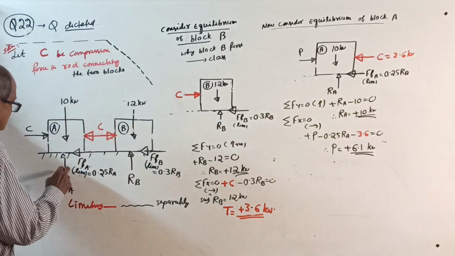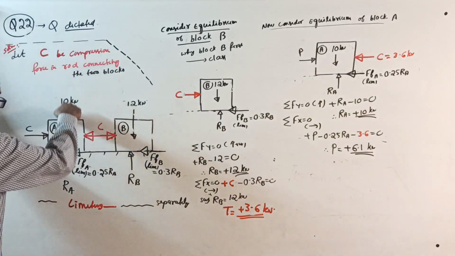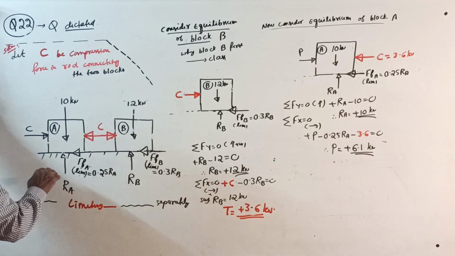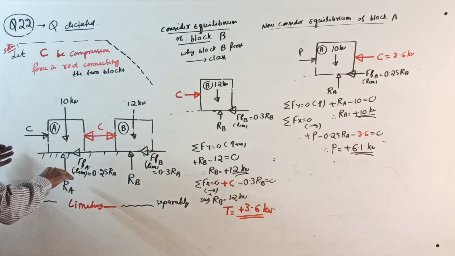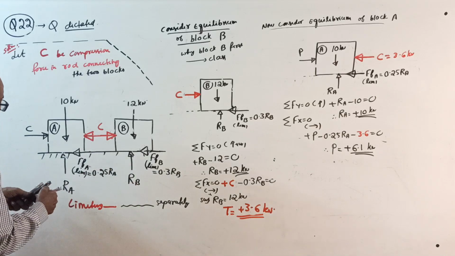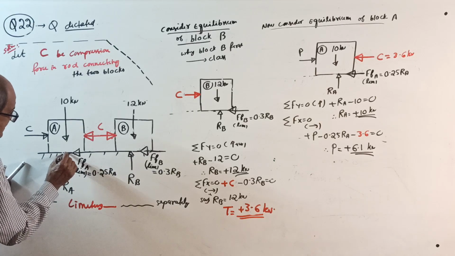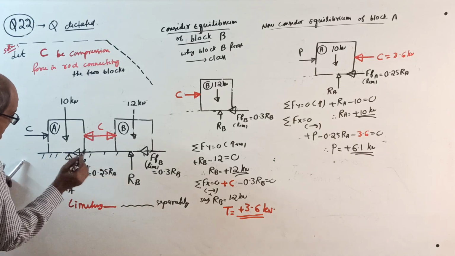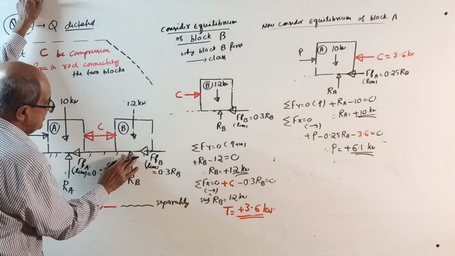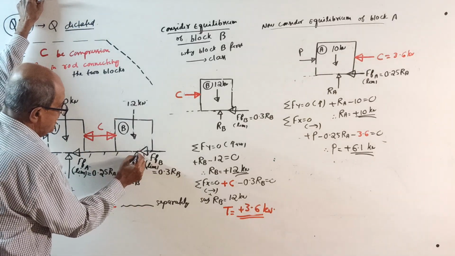Now, weight down. Now it is moving to the right side. So RA will be slightly shifted, you don't bother about it. This is RA, this is the weight, this is your RB.